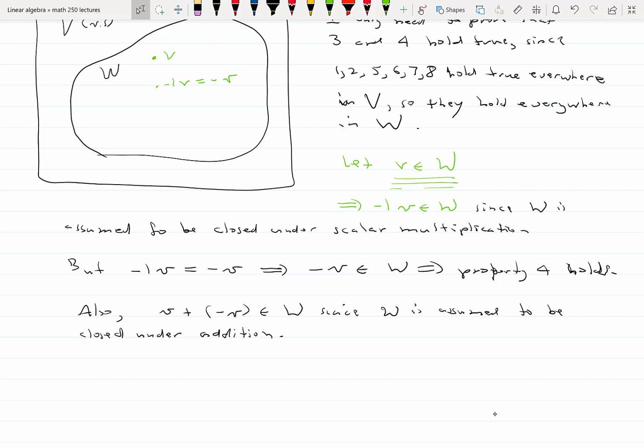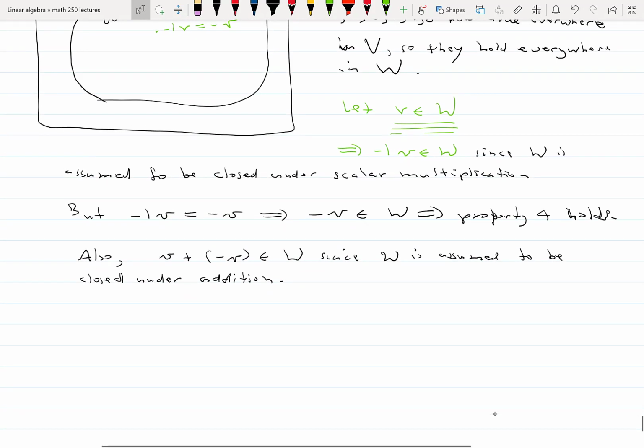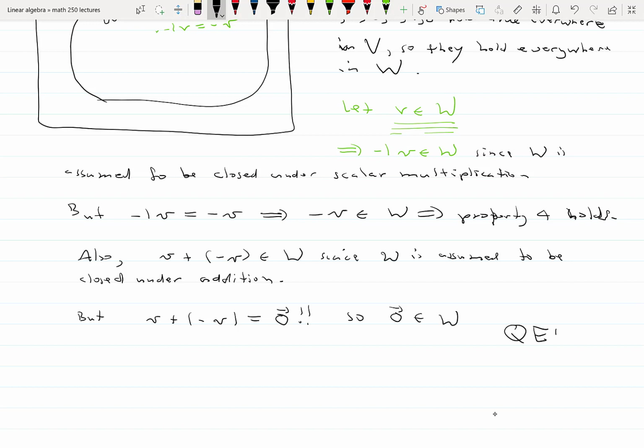V plus the opposite of V is stuck in there since I'm assuming closure under addition. But what is V plus the opposite of V? That is 0, the zero vector. So I've shown that the zero vector is in W. That's property number 3. So property 3 holds.